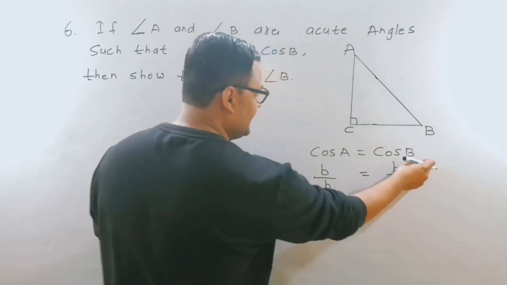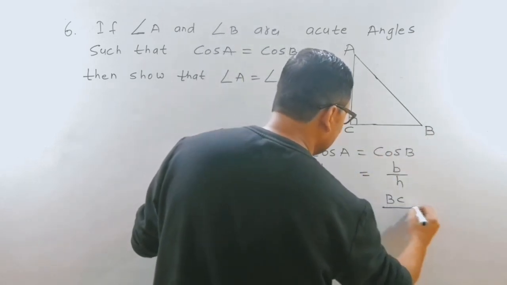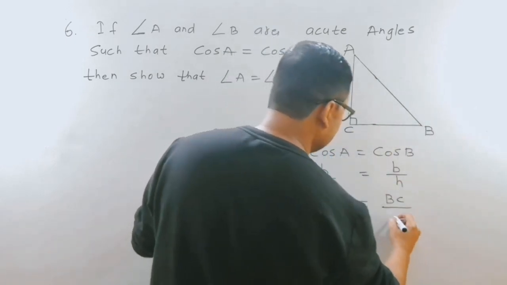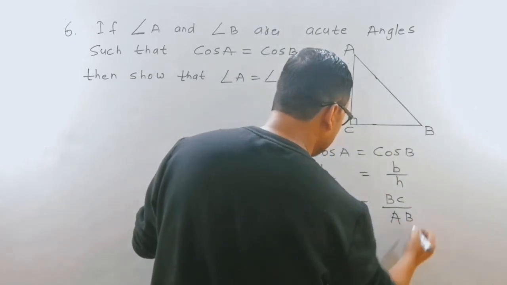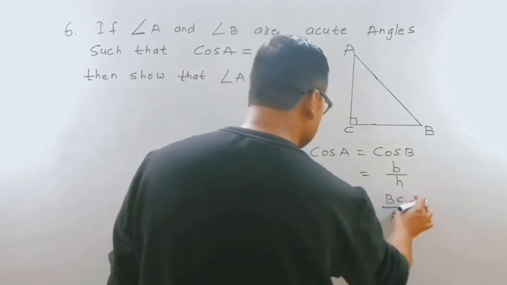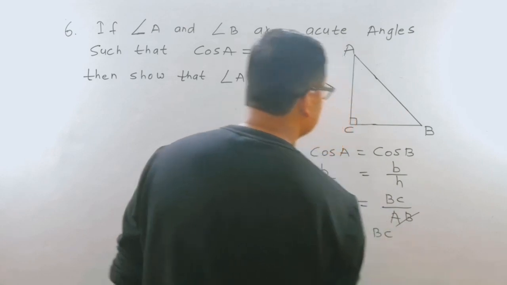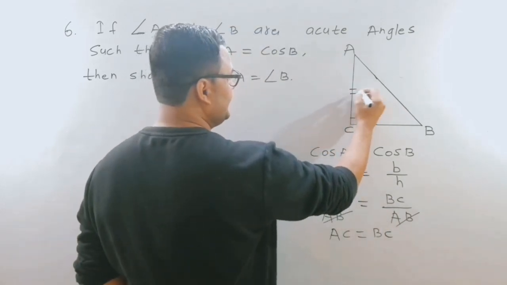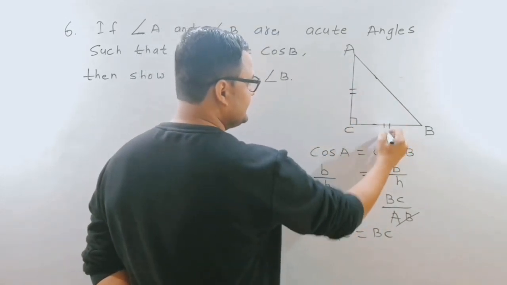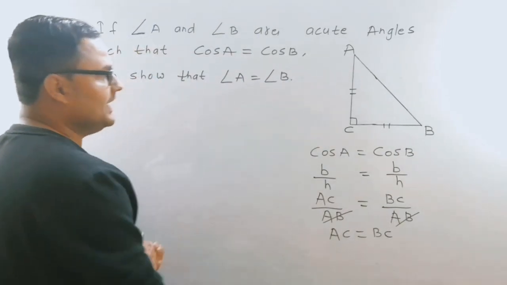For angle B, the base is CB or BC, and the hypotenuse is again AB. Now AB gets cancelled. So we got AC equal to BC. Now we have to prove that angle A equals angle B.